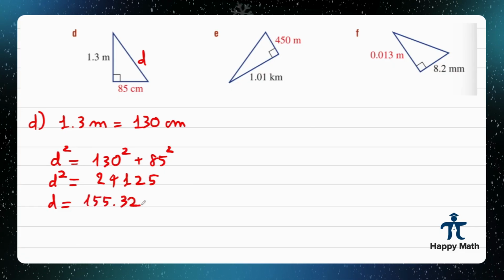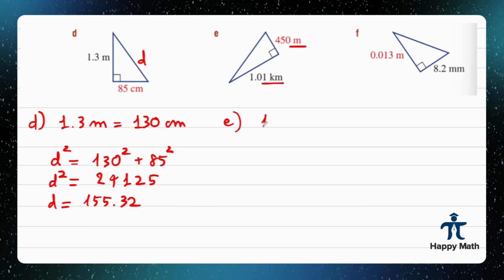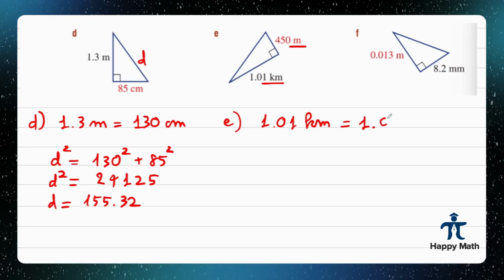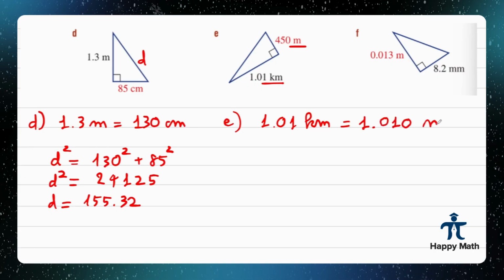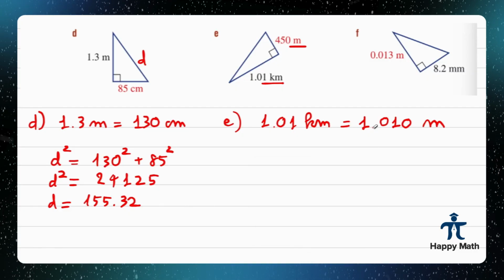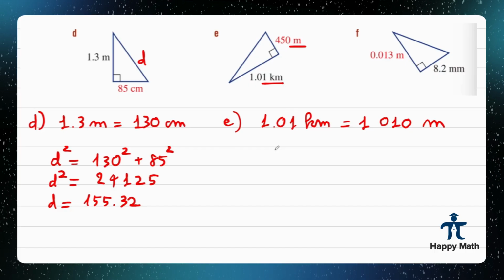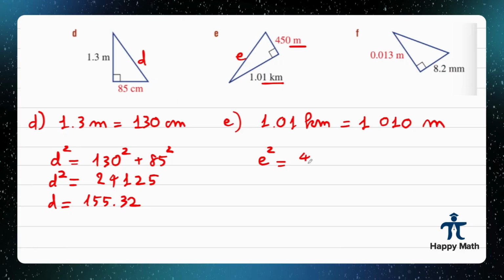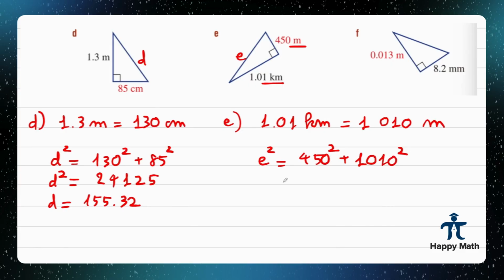155.32. About question E, kilometer and meter. 1 kilometer: kilometer, hectometer, decameter, and meter. You get this number, 1010, and here you have 450, and the letter here will be E. E squared will be 450 squared plus 1010 squared.